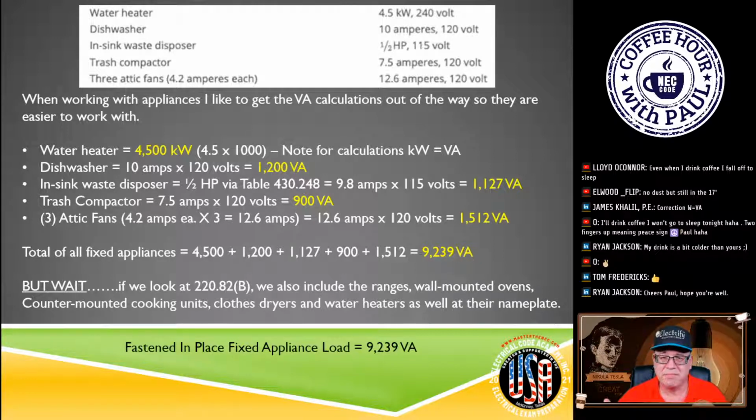But again, you never know. They're usually not very big fans. But just always be aware of that. In our equation, we're just giving you the total amps. So 4.2 times 3, 12.6. 12.6 times 120 is 1,512 VA.